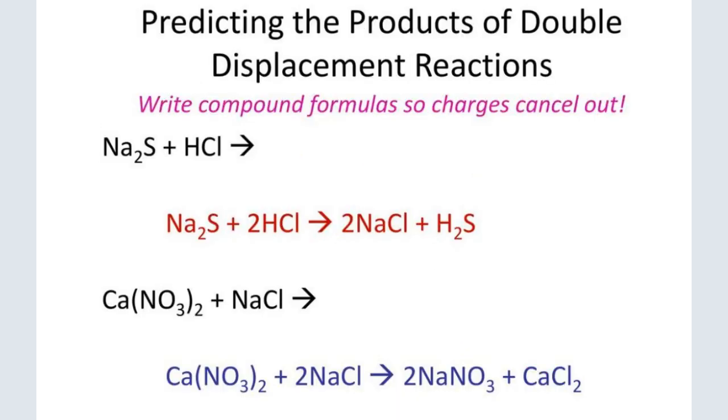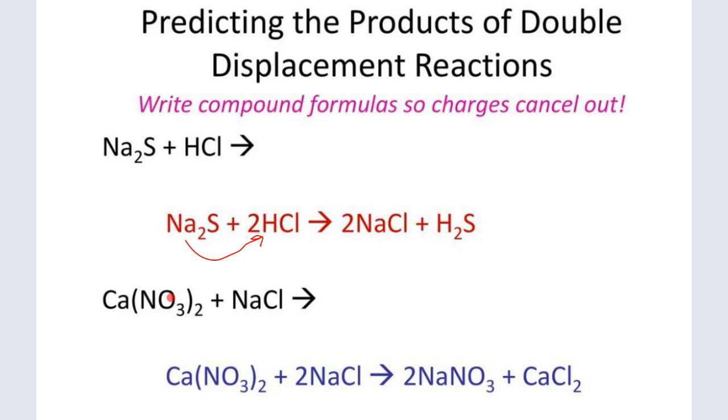So how can you tell? Na2S plus HCl, so Na and H switch places. So now we've got NaCl and H2S.